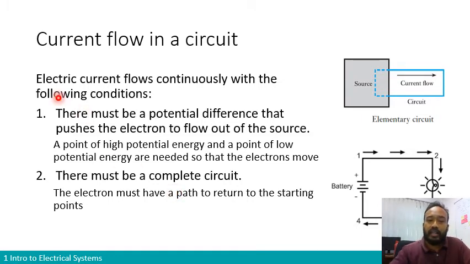So in order for current to flow continuously, you have a source, which is basically like a tank of charges that has high potential energy on one terminal and lower potential energy on the other terminal. That's why in your battery you have a plus terminal and a negative terminal. Plus means you have an excess of energy, minus means a lower point of energy.